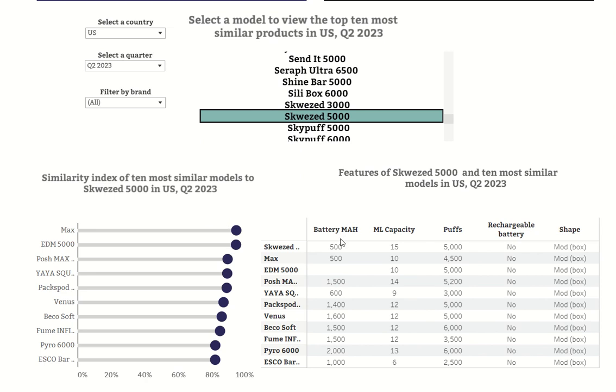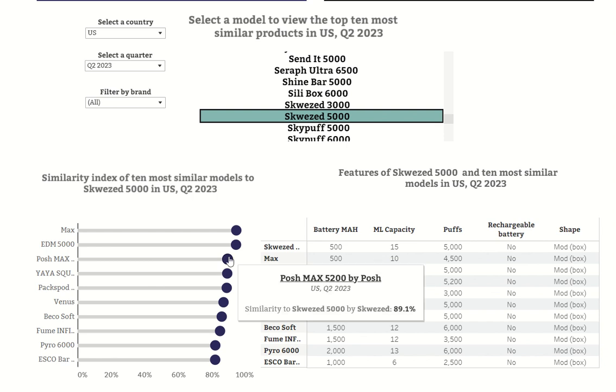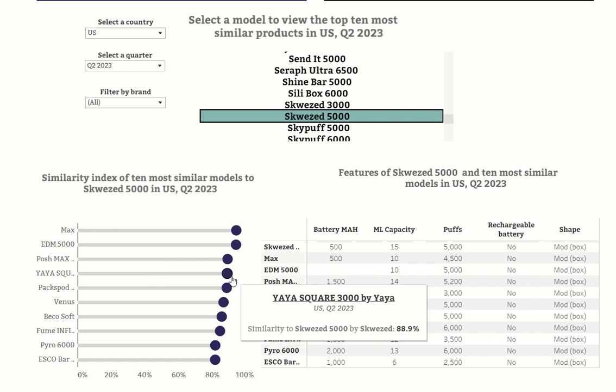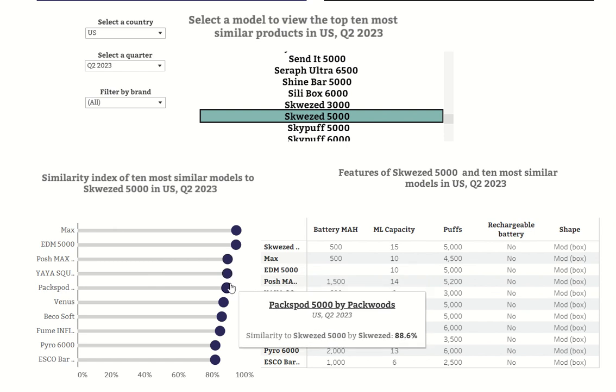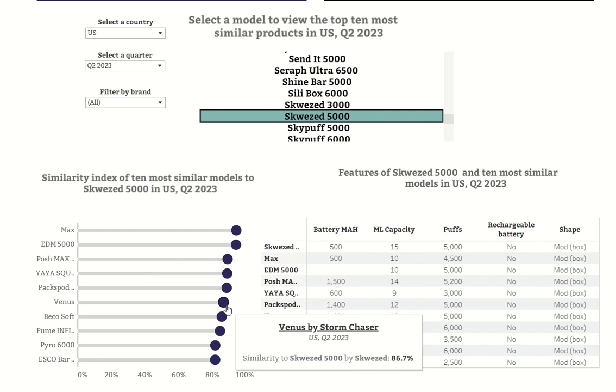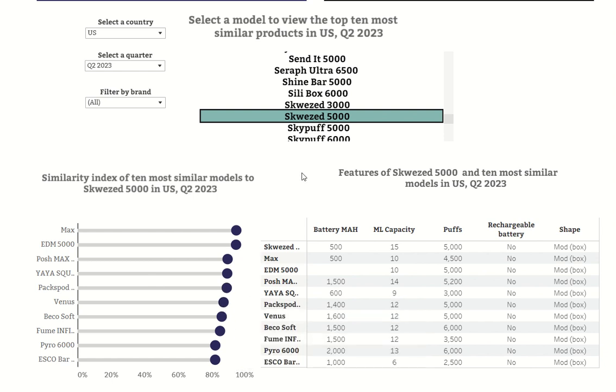Similarity is based on battery capacity, tank capacity, puffs, rechargeable battery and shape. So this model we can see is fairly unique, as the most similar models are actually fairly different, which is why the similarity index is below 90%. So any model with a similarity index below 90% is actually not that similar, so it means that the selected model is fairly unique.